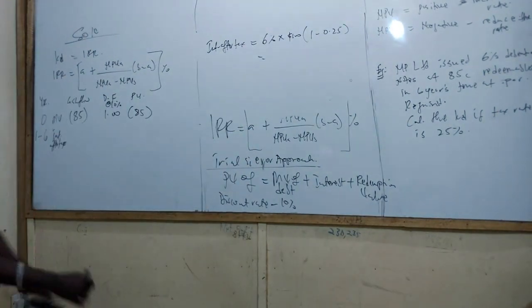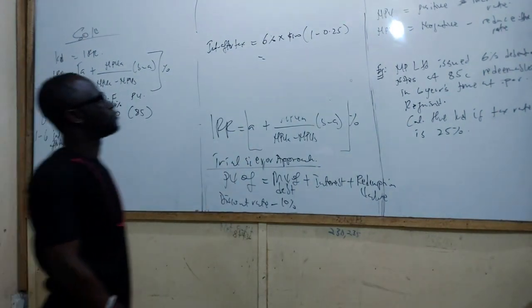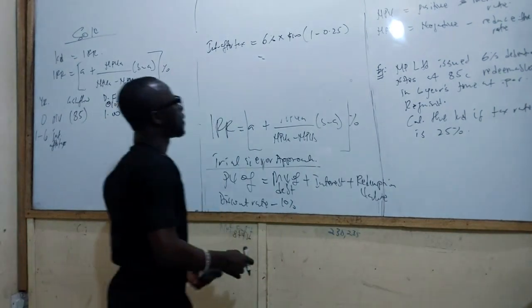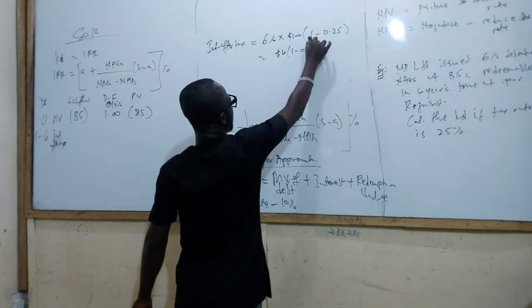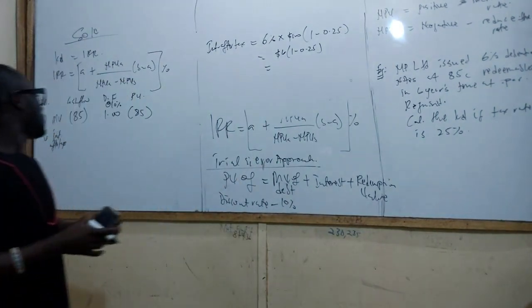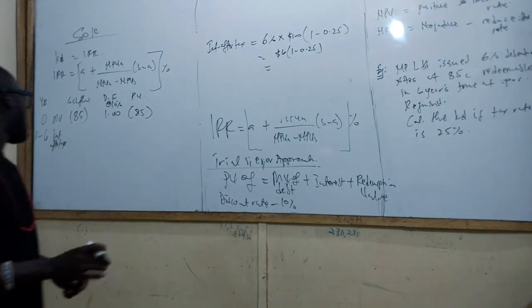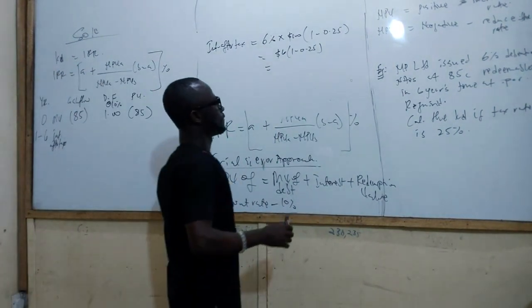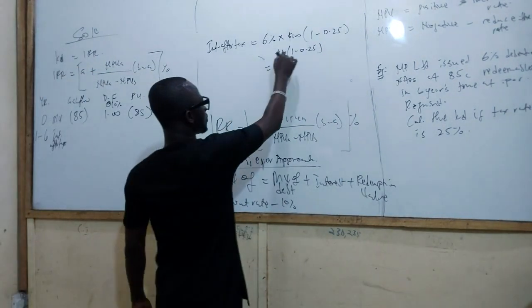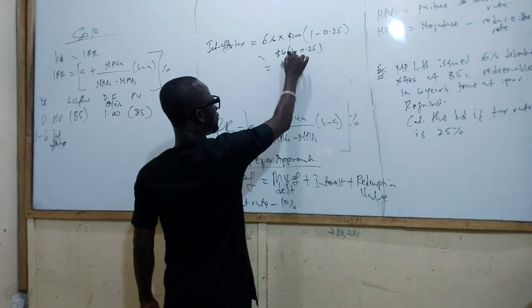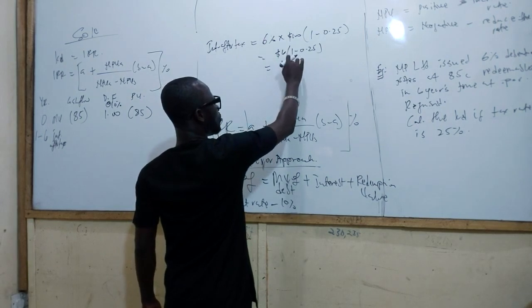Does it make sense? What do I have? This will be $6 times 1 minus 0.25. What? 450 or 4.5?